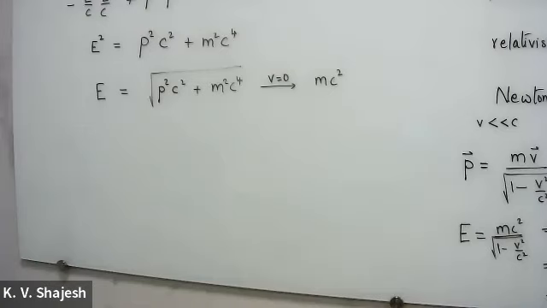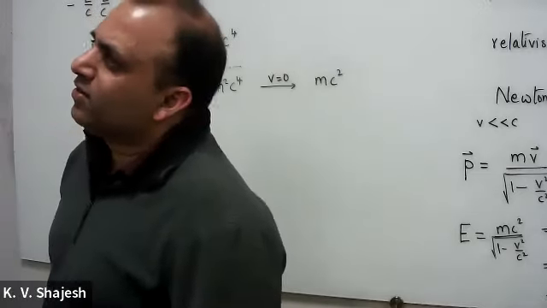Then x mu is ct, x, and u alpha, we said, is c times gamma, v times gamma, and p alpha is mc squared gamma over c, mv gamma, and that's also E over c.